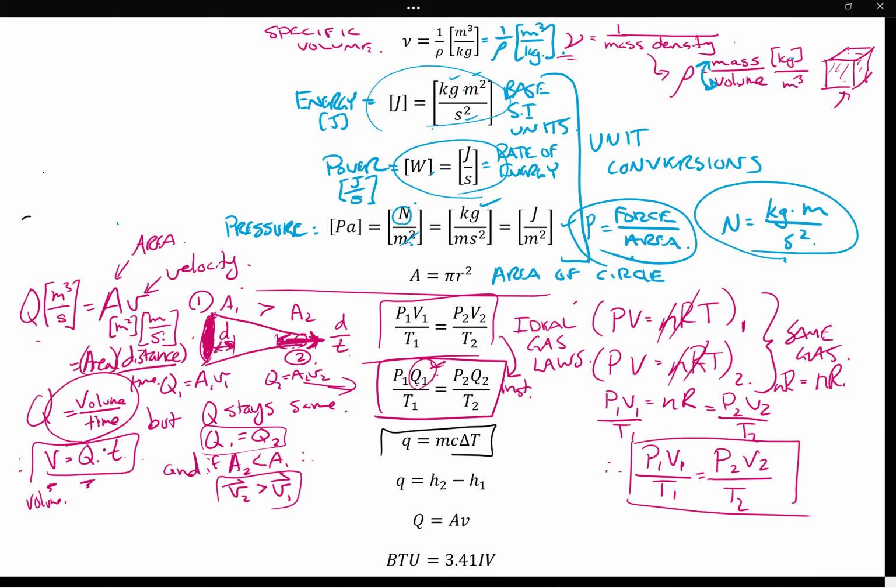This is Q equals MC delta T. This is heat flow. So I could put a dot over this to show that it's flow. But that is essentially just heat flow. This is how much heat is flowing over time, equal to how much mass of that object is flowing over time, times specific heat.